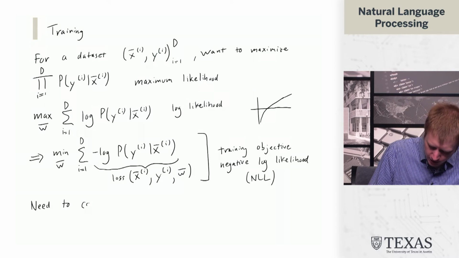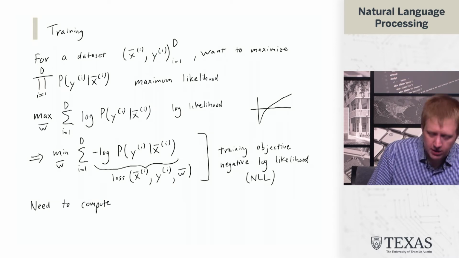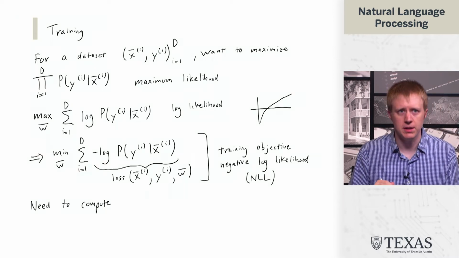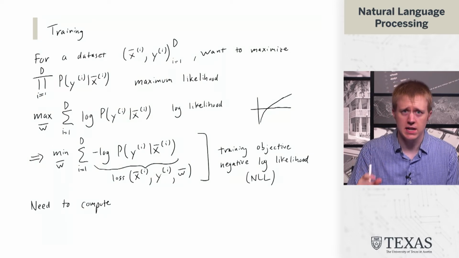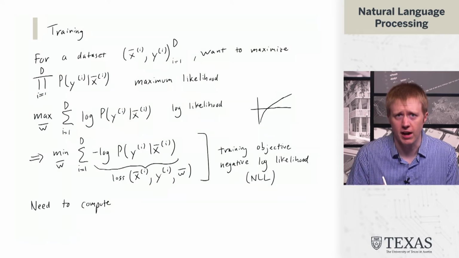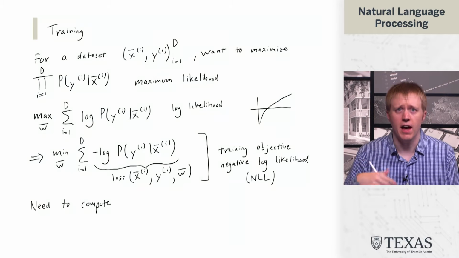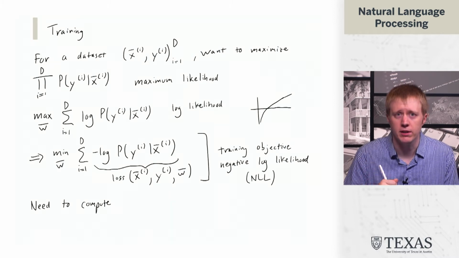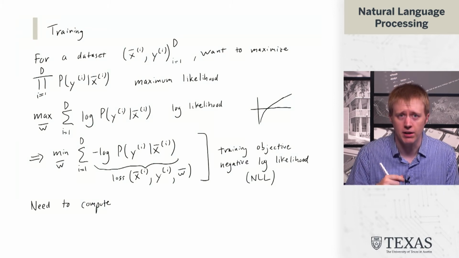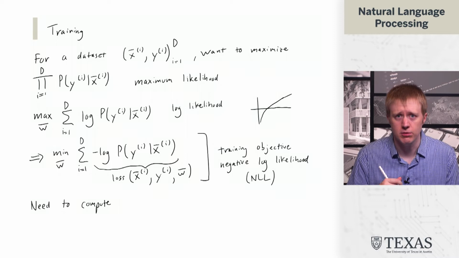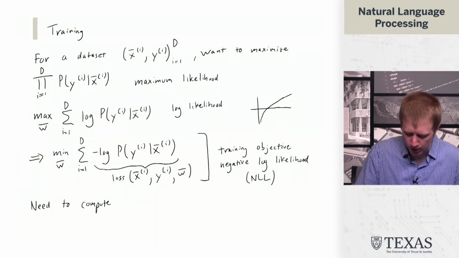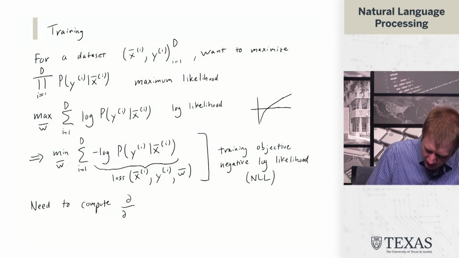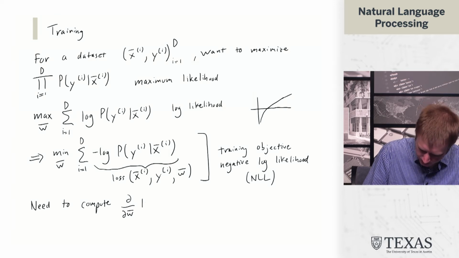To use it, we need to be able to compute the gradient of each one of the terms of this outer sum. The SGD loop involves picking one data point at a time out of our D, and computing the gradient of the loss on that data point. So that's a term that looks like this.